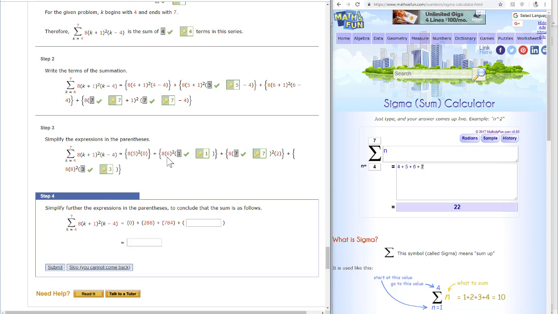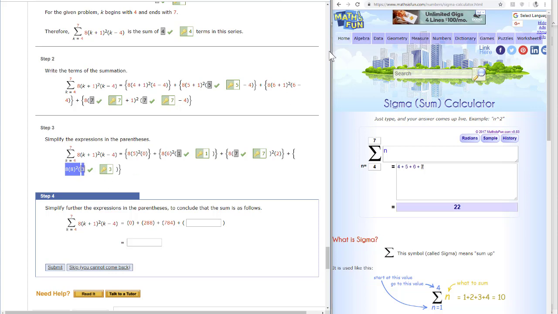All right, now comes some simplifying parts. So they figured that 8 times 6 squared is 288. And then 8 times 7 squared times 2 is 784. And so now we just need to compute 8 times 8 squared times 3.